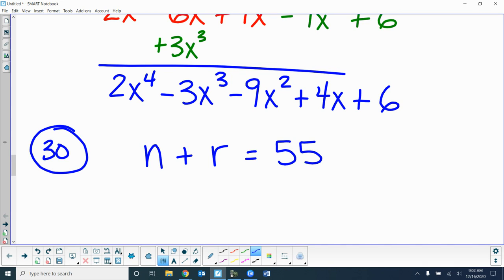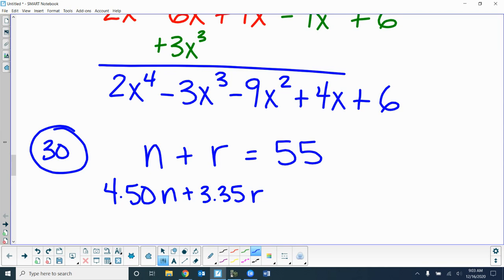The cost of a kilogram of nuts is $4.50. So if I got 10 kilograms of nuts, it cost me $45. Just multiply, right? And the cost per kilogram of raisins is $3.35. So if I had 10 kilograms of raisins, it cost me $33.50, right?